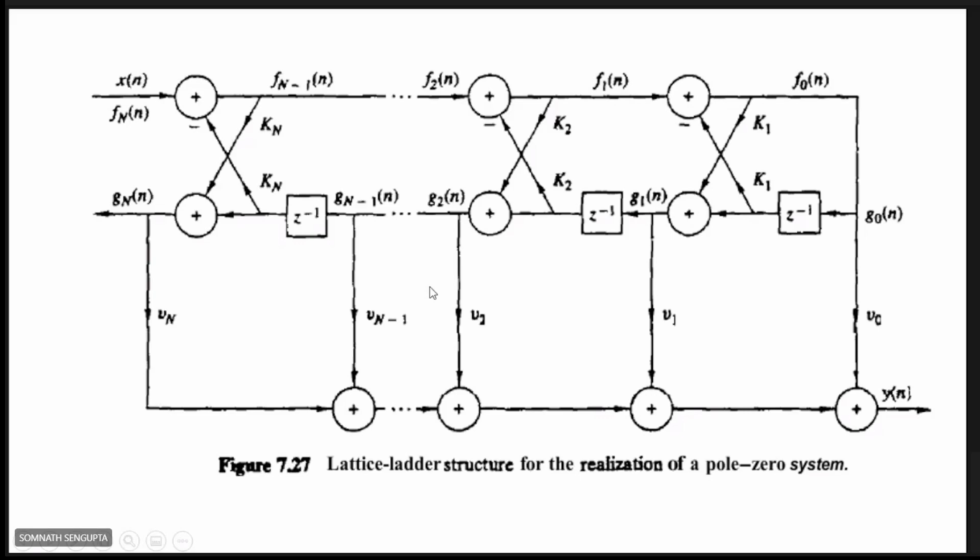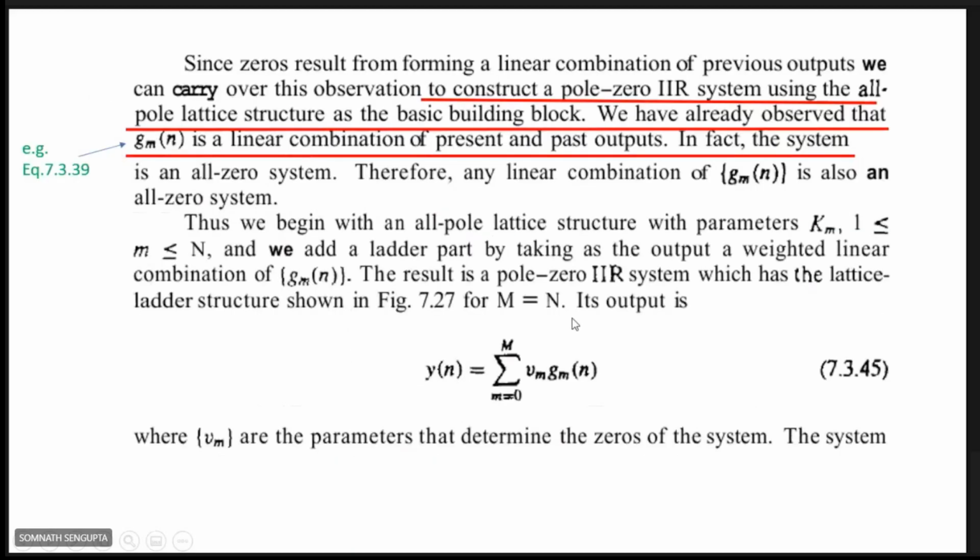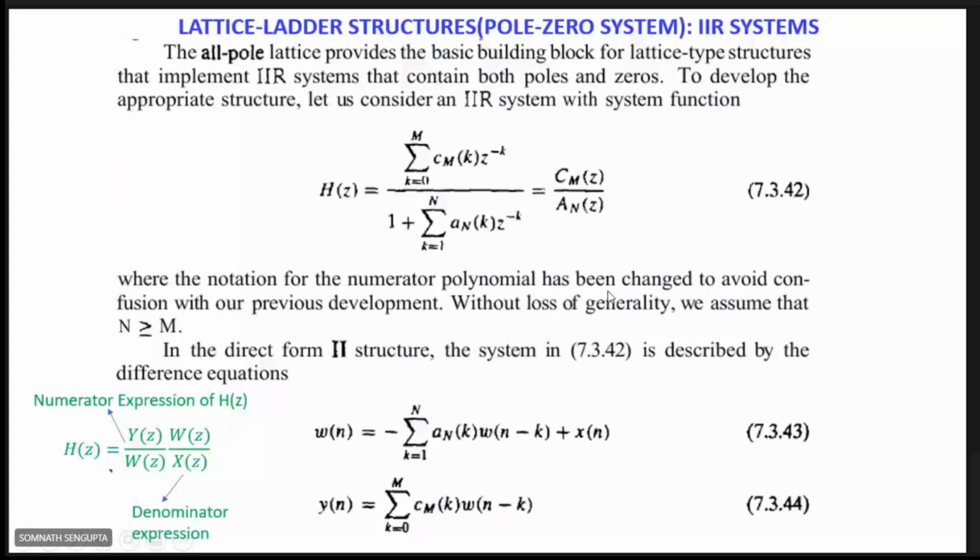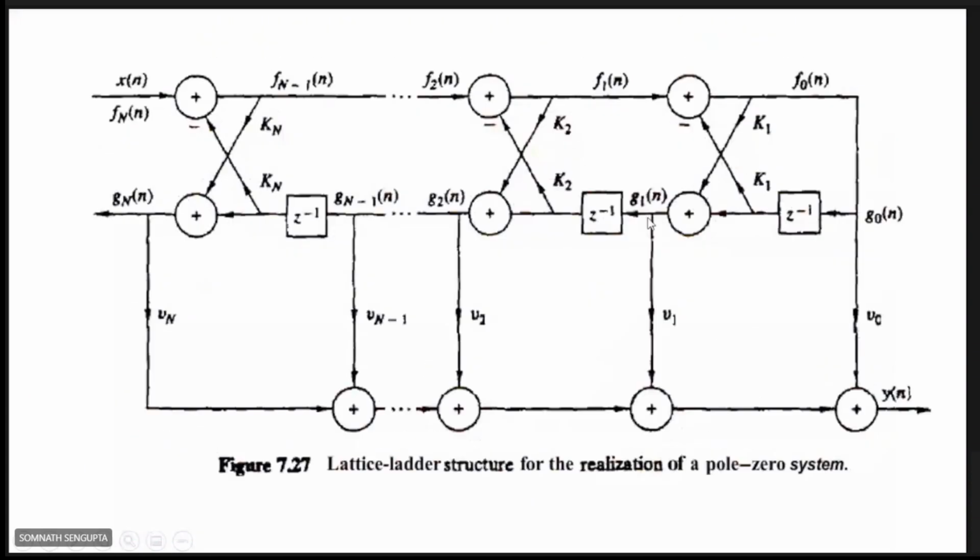Now this G is considered different delayed versions. If you analyze this, you will get G(n).